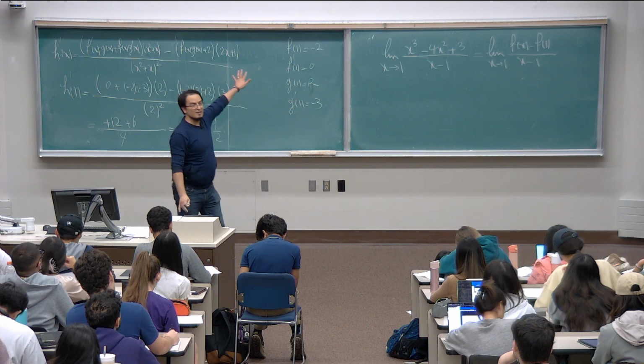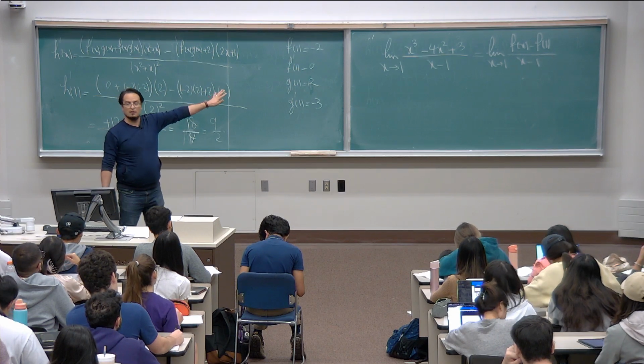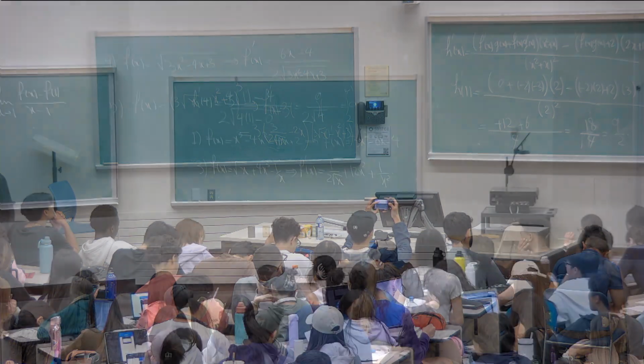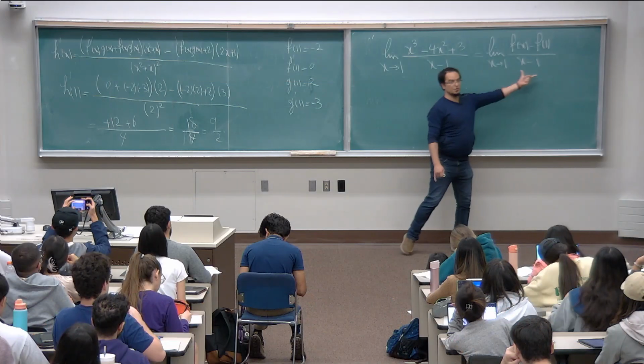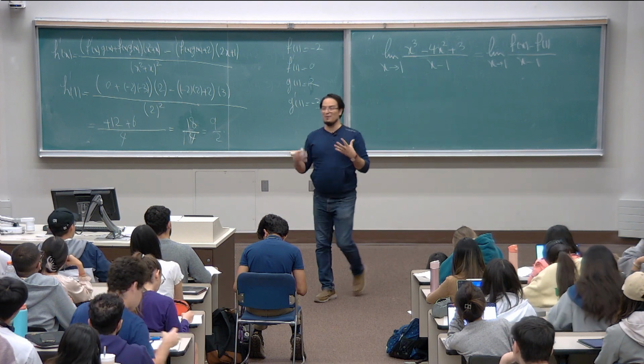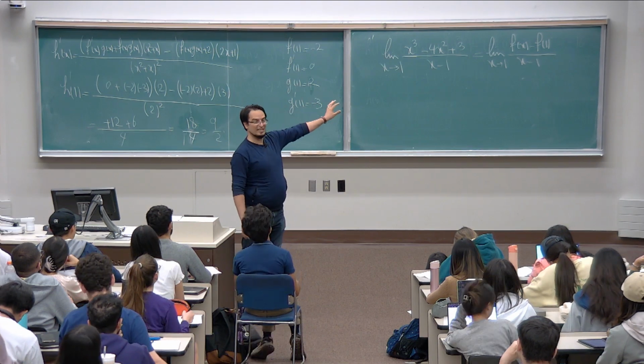Do you see any similarities between those two things? Well, in both of them, x approaches 1. Both of them have x minus 1 in the denominator. Now we have to figure out how to turn the numerator into the numerator of the right-hand side.